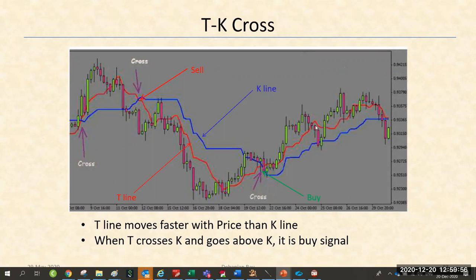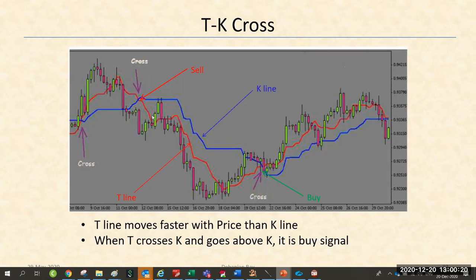Here the T line is the red line, and when the T line crosses from below and goes above the K line, that is the day that you should buy. And obviously, the sell is the reverse.